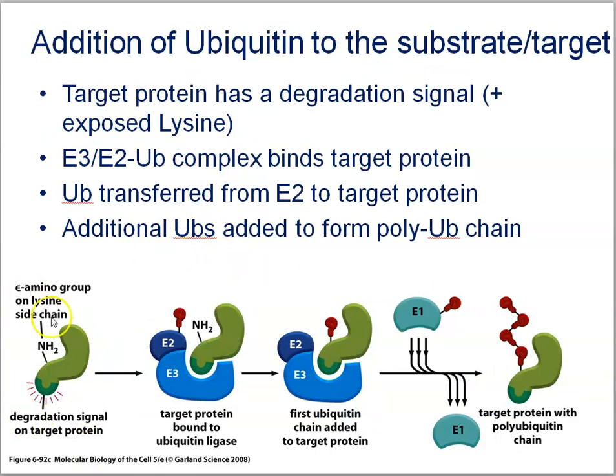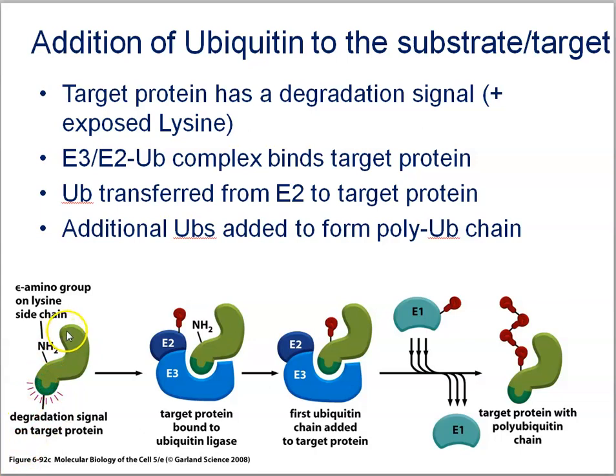Here we've got a protein with a degradation signal, and that degradation signal could be one of many things. Things like P53, it hangs around, it gets phosphorylated, it gets stabilized, and when you phosphorylate it, it can expose other sequence motifs on that protein, one of which can be a degradation signal.